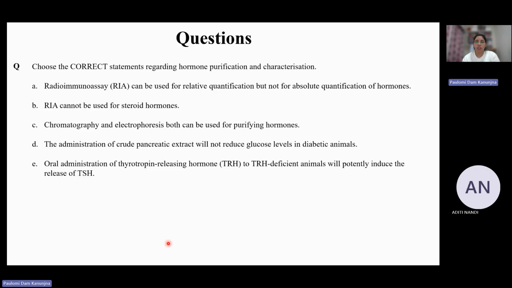Okay. This is the correct answer for this. Well, so let's look into these options.